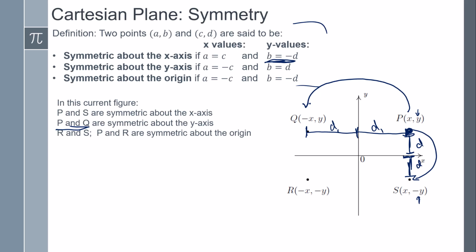And then point P, in relation to R, is symmetric about the origin because it has both a negative added to the x and a negative added to the y. Q and S are symmetric about the origin to each other, and P and R are symmetric about the origin to each other.